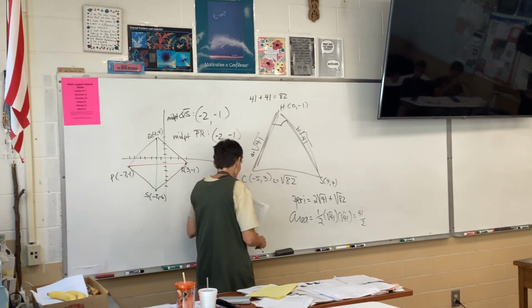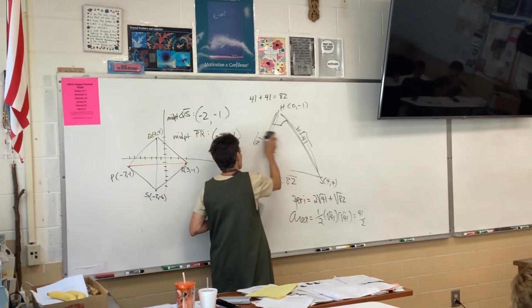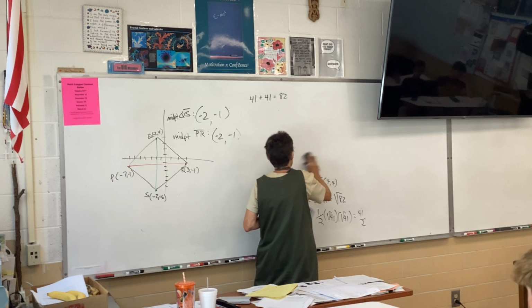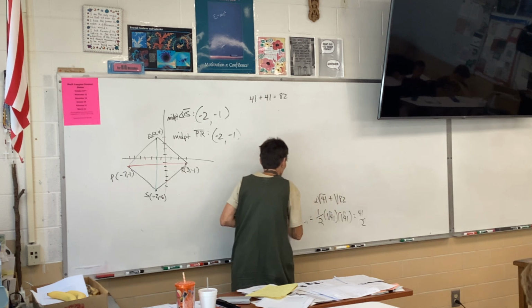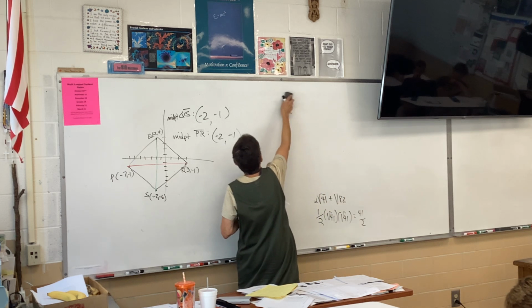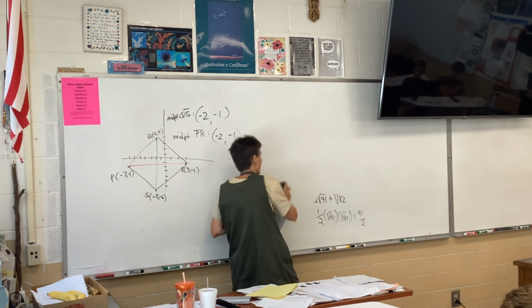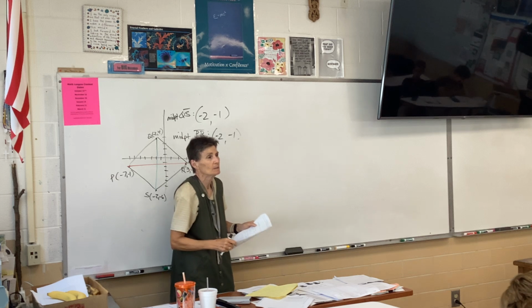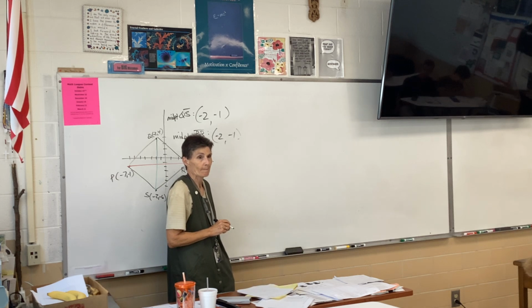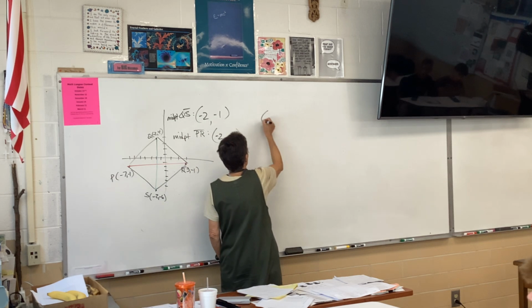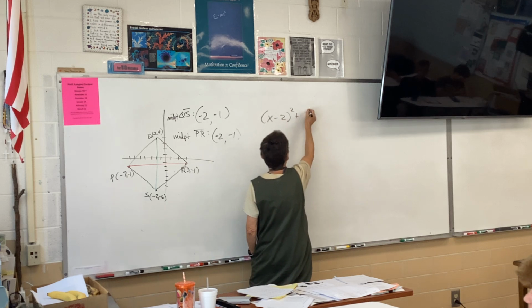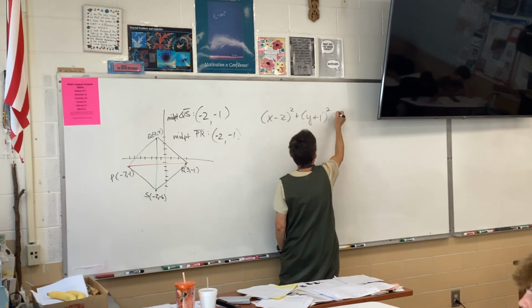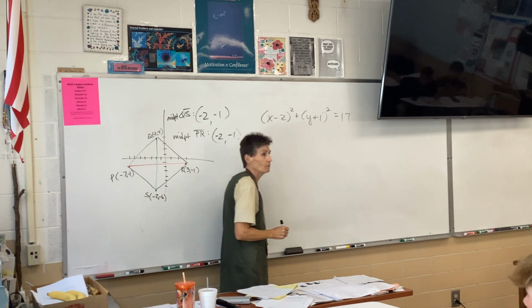Standard form of the equation of a circle. Anybody happen to remember that? Maybe you can't remember the standard form, but can you remember an example of the equation of a circle? Can you give me an example? That's the equation of a circle.